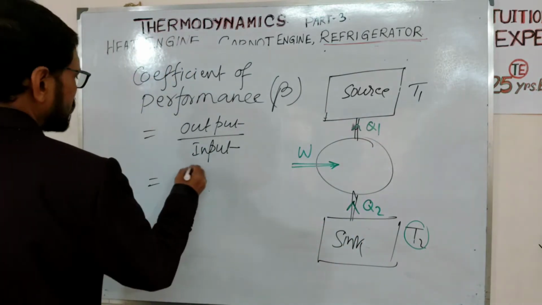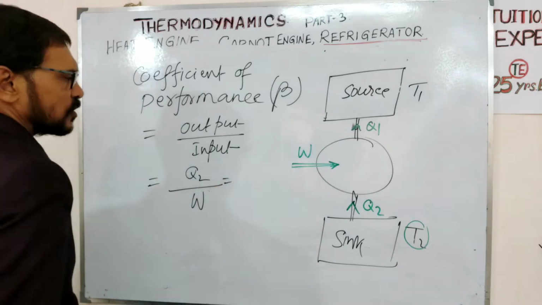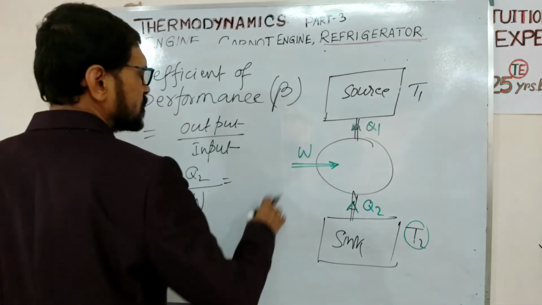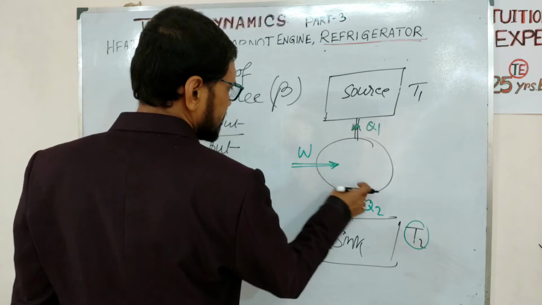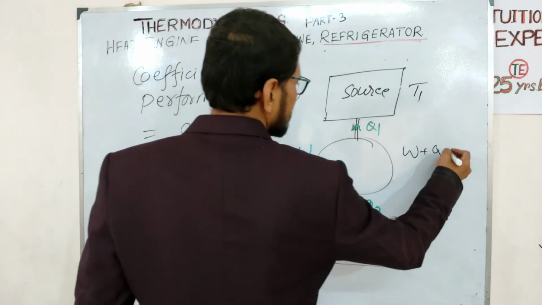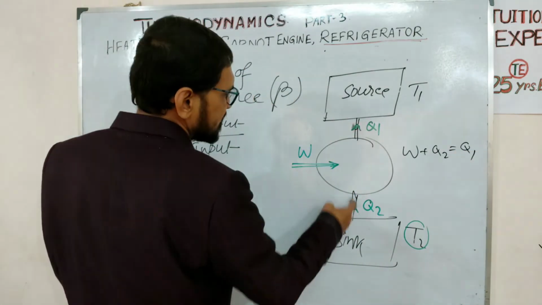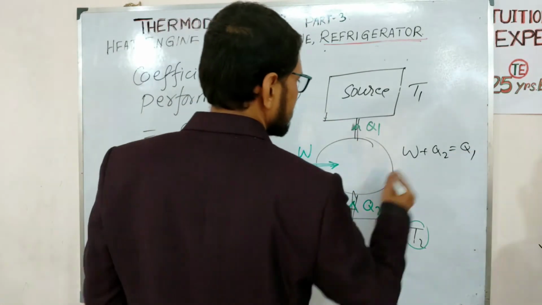Output here is Q2 and input here is W. We know W and Q2 enter the system, and Q1 is the output of this system.